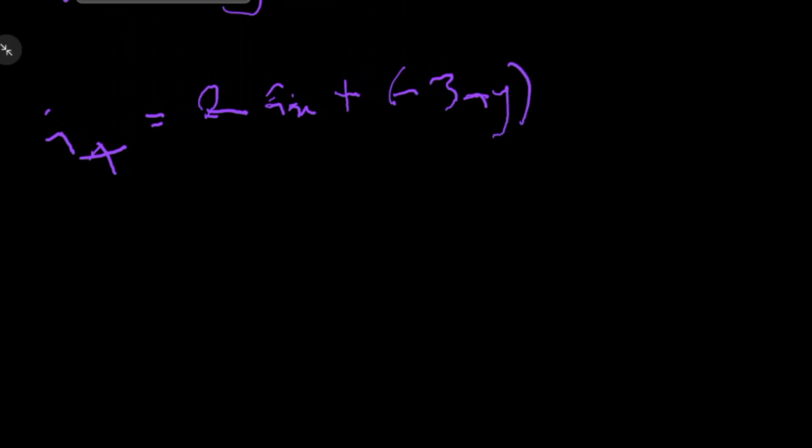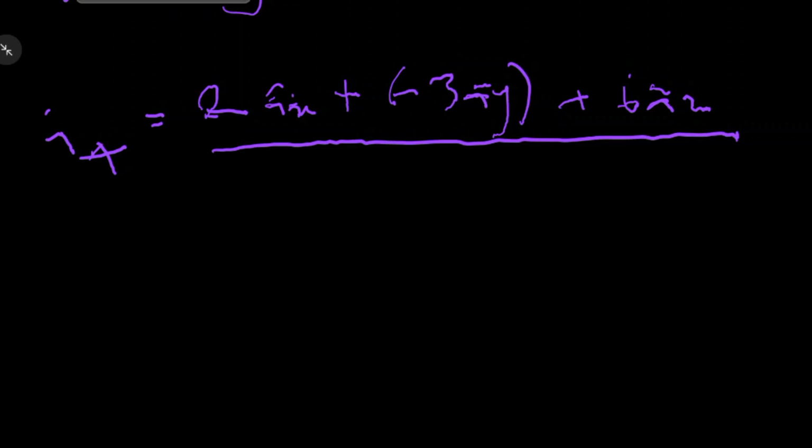So earlier we found our vector to be 2 times its unit vector, plus negative 3 as we earlier got, plus 6 times its unit vector, all over its magnitude, which we got as 7 earlier.